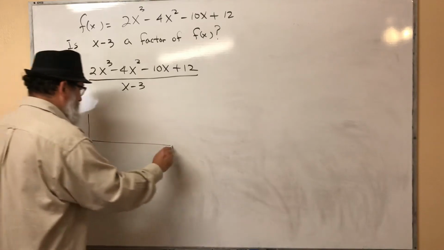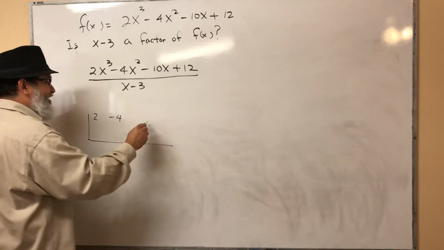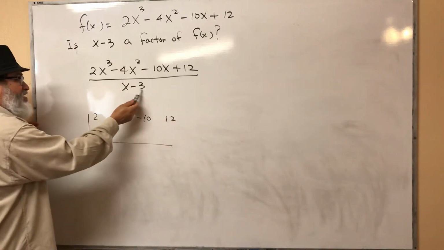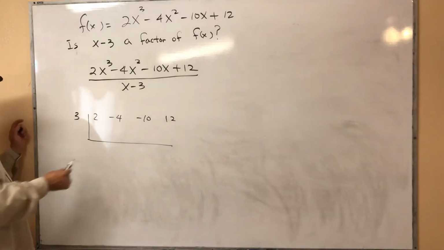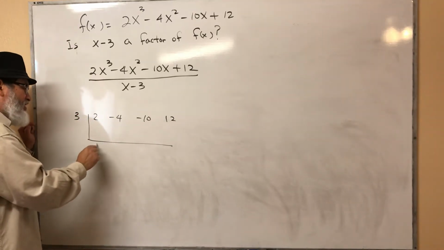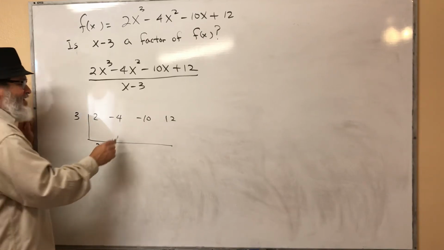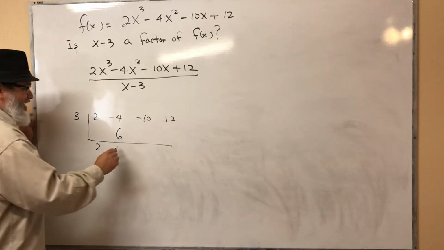A 2, a negative 4, a negative 10, a 12. And take the opposite, a 3. First step, bring down a 2. Multiply, 6. Add, 2.